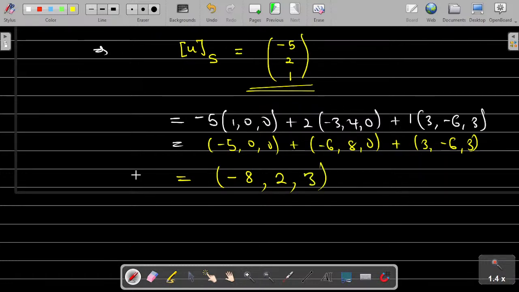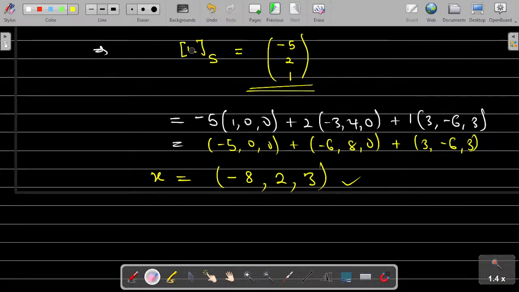And that's exactly equal to our x. Am I correct? Yes, that's our x. So you have shown that x is equal to minus 5b1 plus 2b2 plus 1b3.